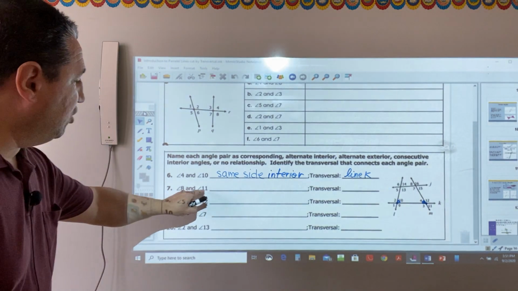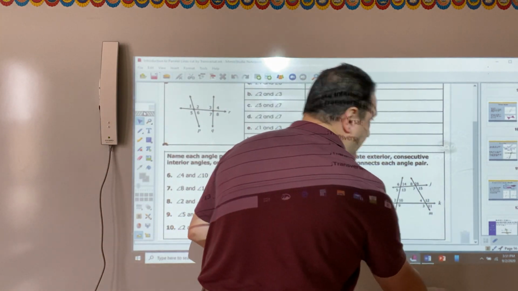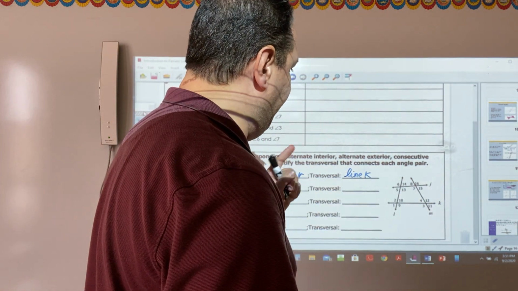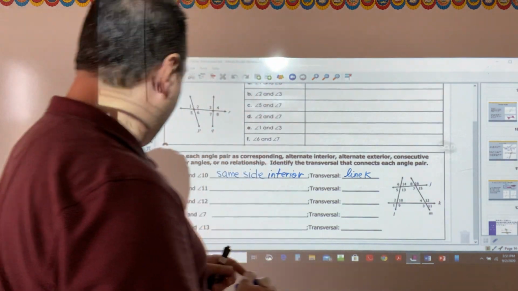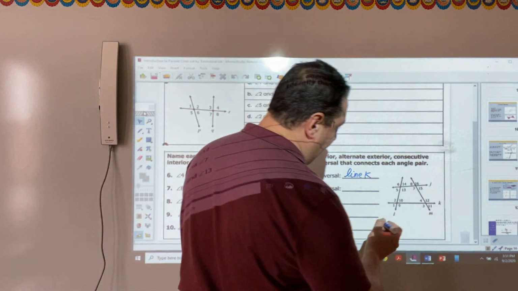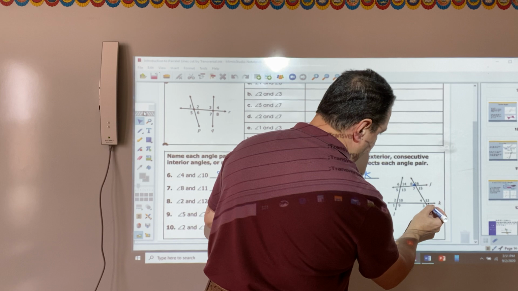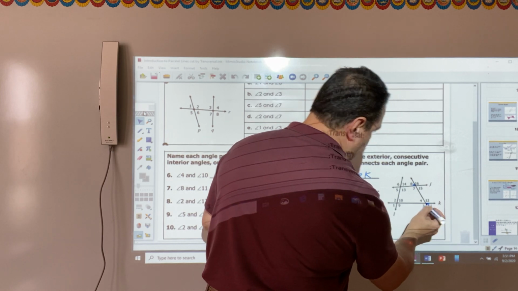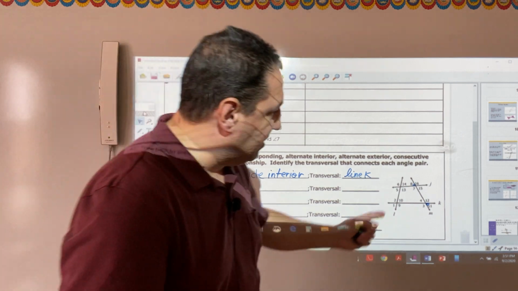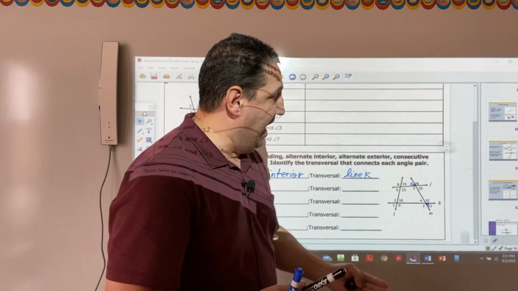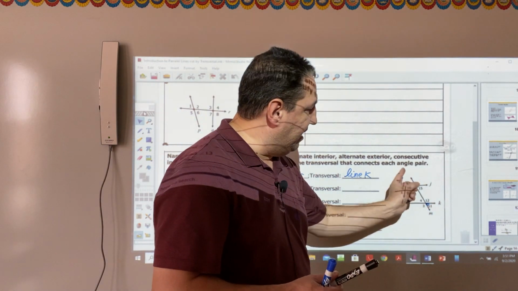Now, angles 8 and 11. So mark 8 and 11. Now, how are angles 8 and 11 formed? They are formed by these two lines cut by this line.